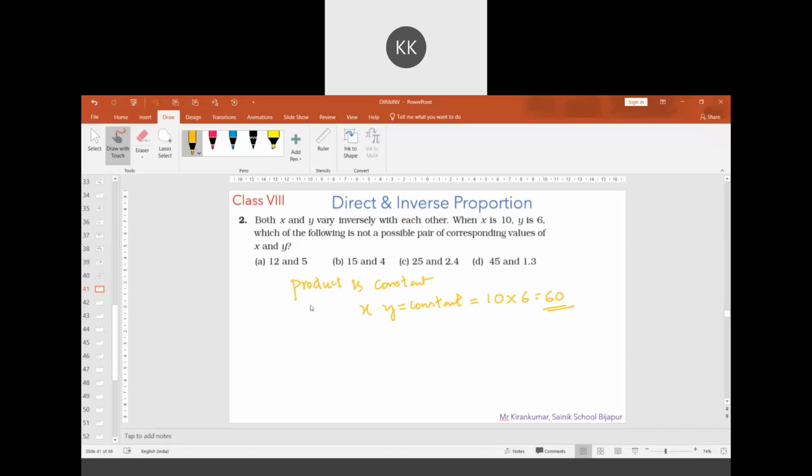If you do 12 times 5, the product is 60. So this is possible. Option D, 15 times 4. What is 15 times 4? 60, sir. It's possible. Is option C possible? 25 into 2.4. 25 into 2 is 50, and 25 into 0.4 is 10. 10 plus 50 is 60, so it is possible.